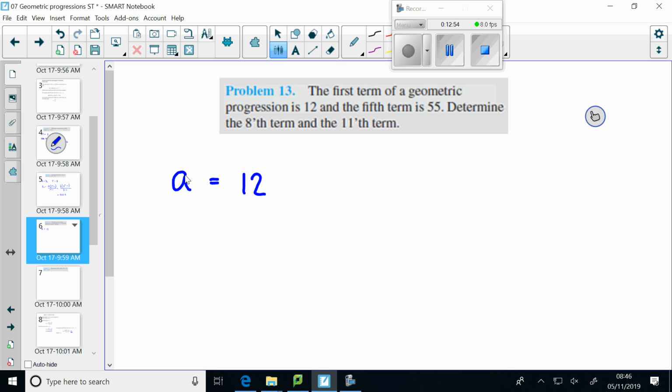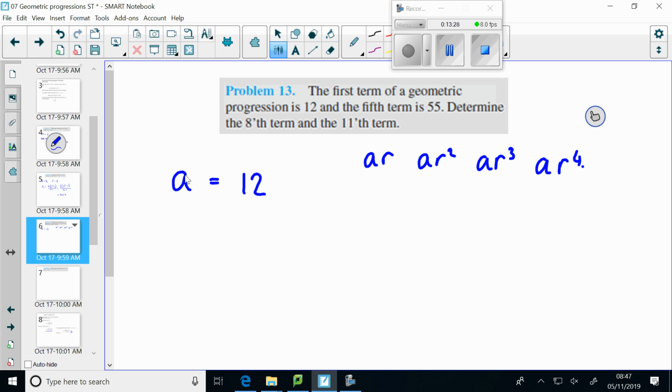We've been given the fifth term, okay? So the first term is a on its own, second term is ar, third term is ar squared, fourth term is ar cubed, fifth term is ar to the 4.